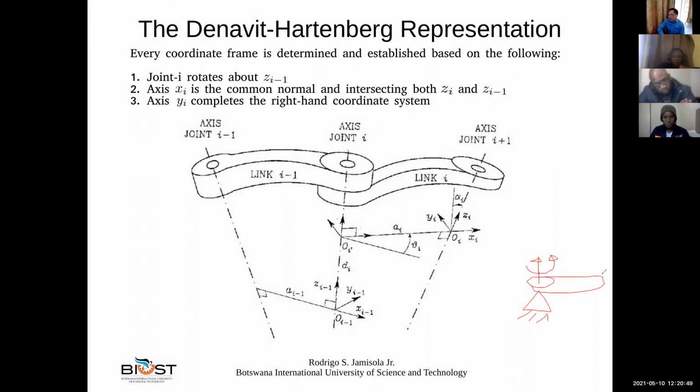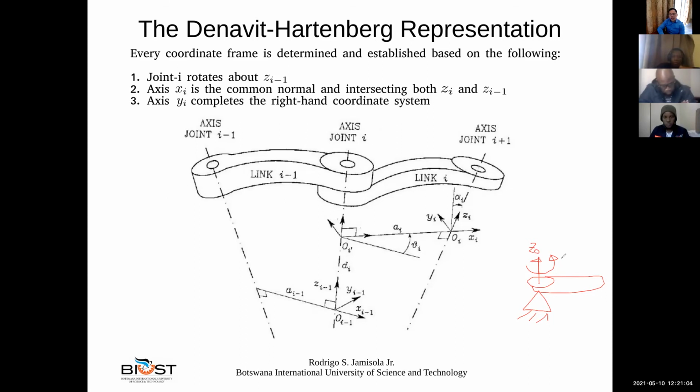So now, if this is just one joint, joint 1, so this must be Z. If that is joint 1, this is Zi minus 1, so that is Z0. So joint 1 rotates about Z0.